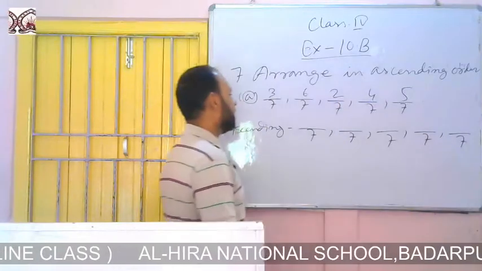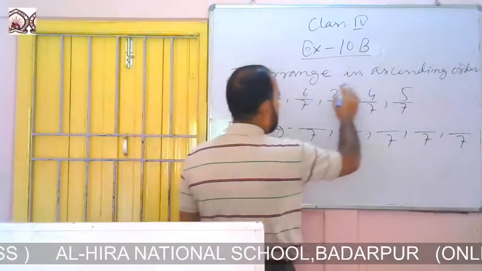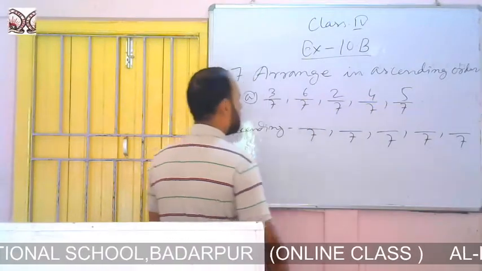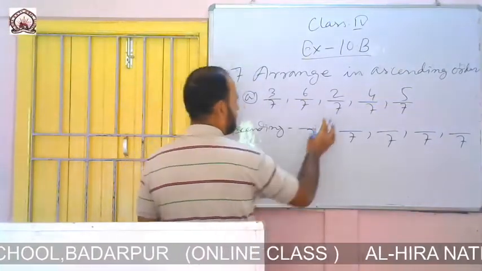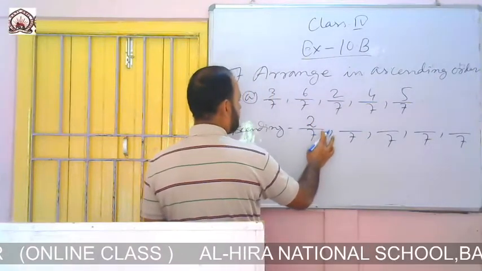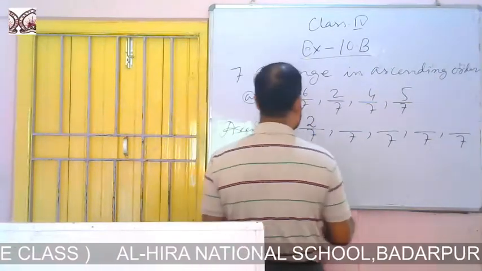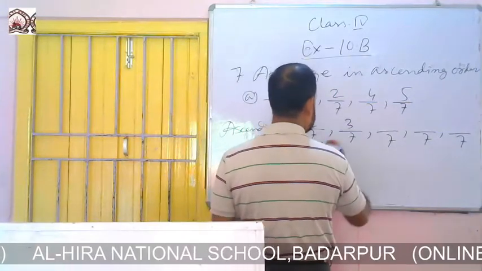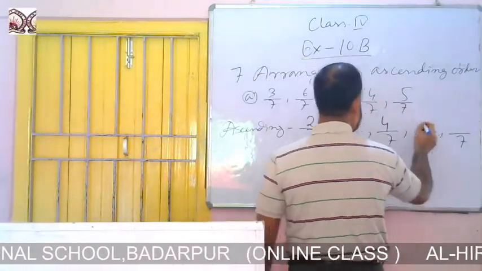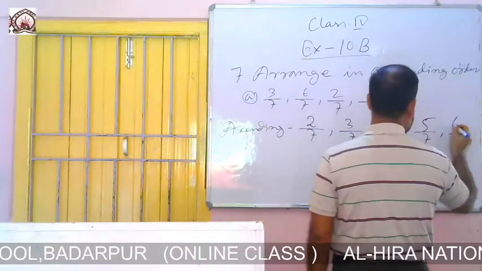So here we write in ascending order. All numerators we write in ascending order. Here 2 is the smallest number, smallest fraction. Next 3 by 7, then 4 by 7, then 5 by 7, then 6 by 7.